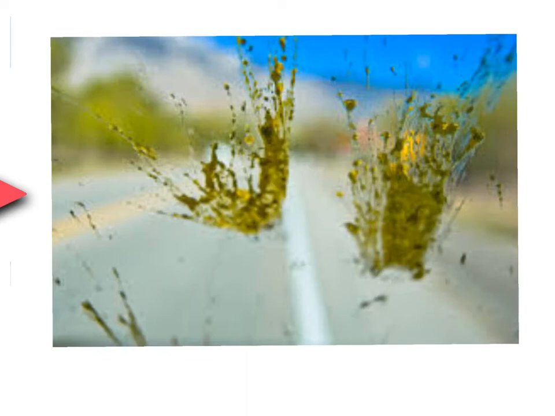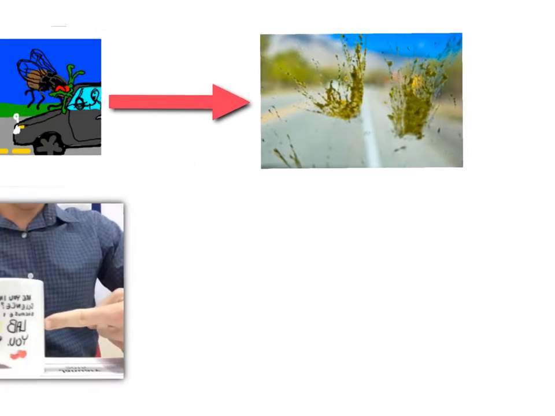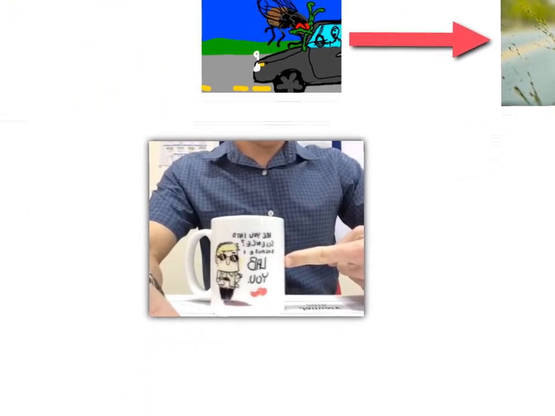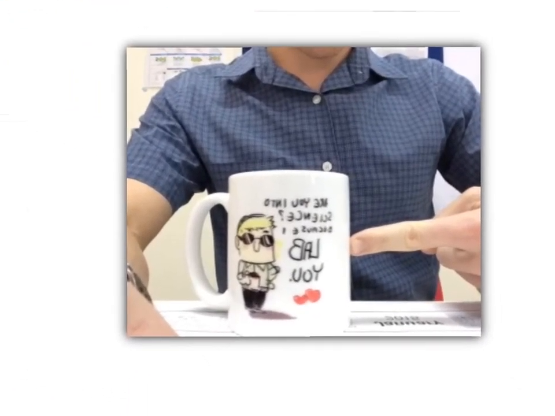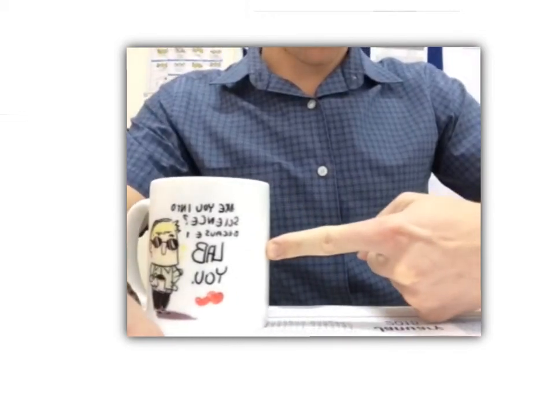Now we're going to look at one last example, but this time we're going to add some numbers to the picture. So here we have my coffee cup, my most important resource in life, and you can see in the video that I'm pushing it across a table.